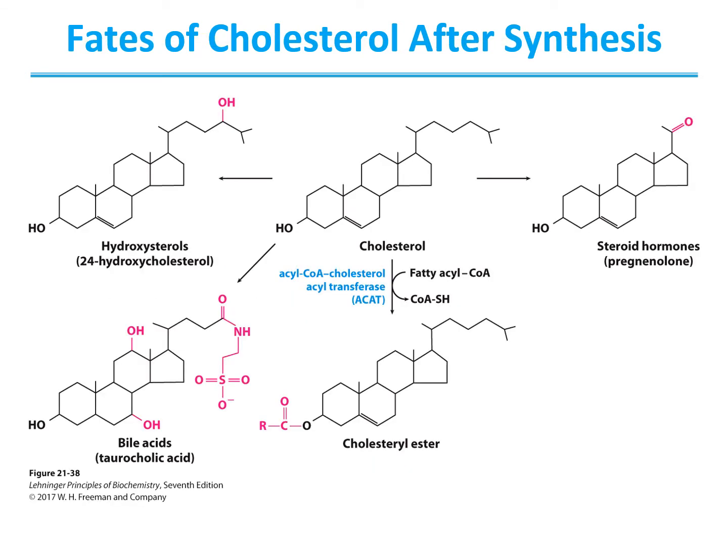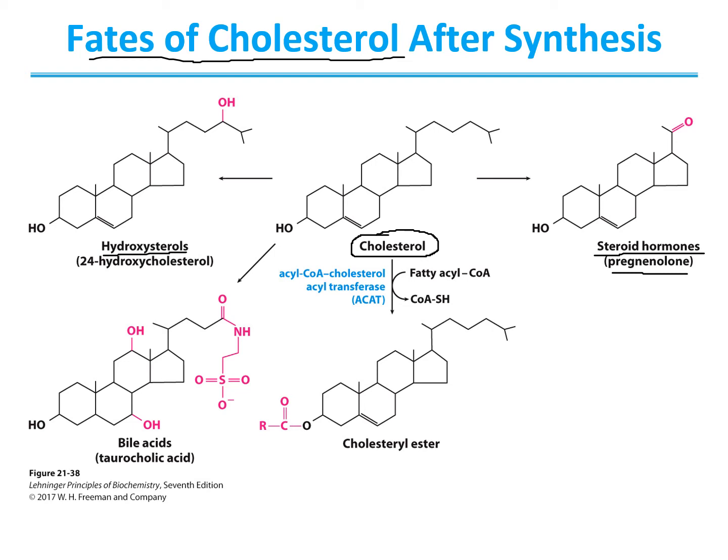Next up is the fates of cholesterol in a diagrammatic view. More or less the same information that was there in the previous slide. So here we have the cholesterol mostly synthesized in the liver, and it can be converted into steroid hormones after being exported out of the liver. We have special organs in which these steroid hormones will be synthesized.